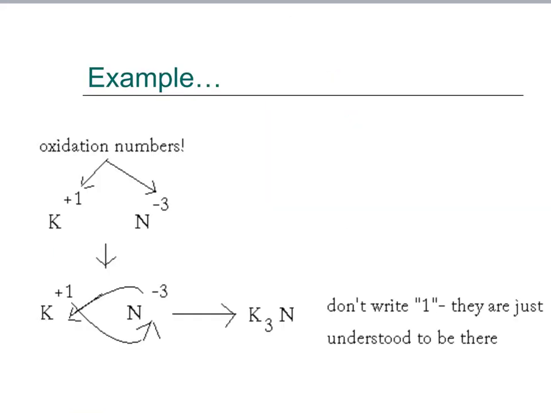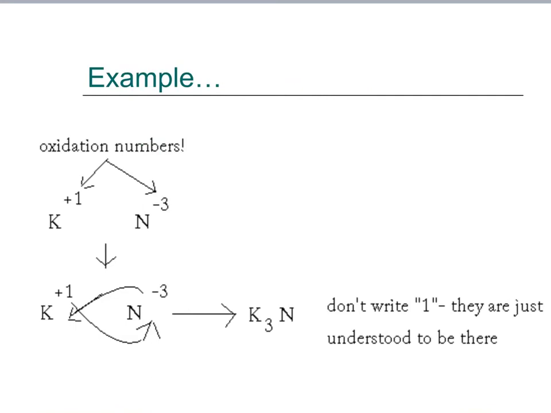Okay, so step 1. Let's say we're bonding potassium and we're bonding nitrogen. The first thing we do is figure out their oxidation numbers. If you look at your periodic table, you'll see that potassium is in that first column. It's a metal, so it's going to be a plus. Nitrogen's oxidation number is a -3. So we're going to crisscross.